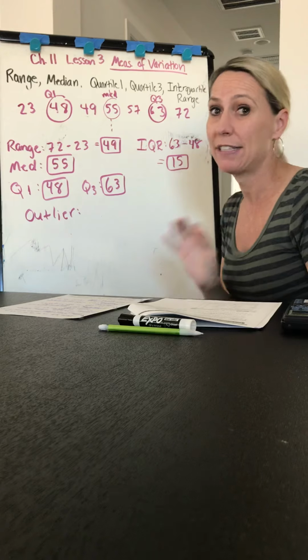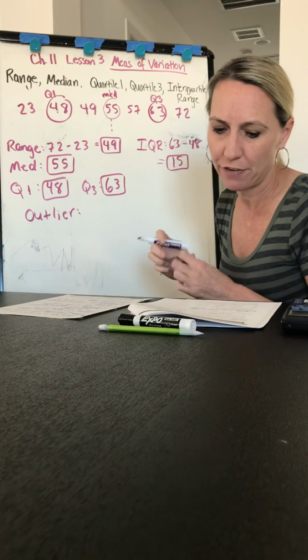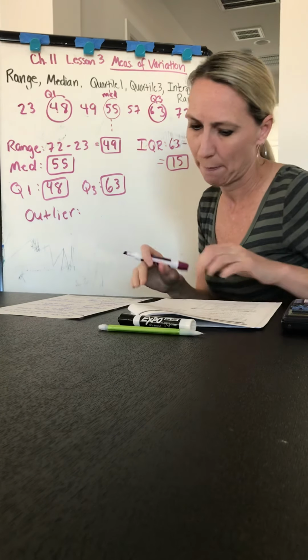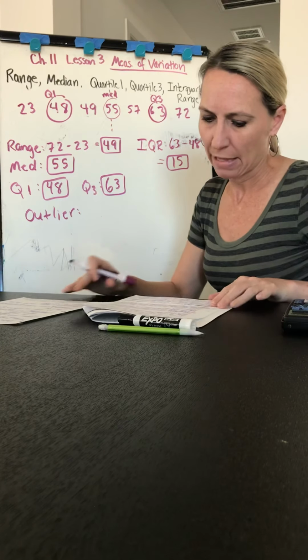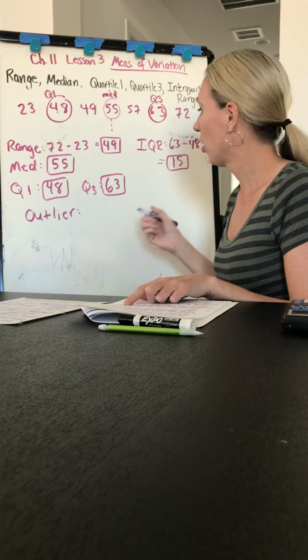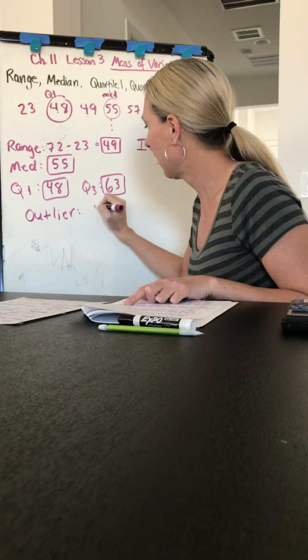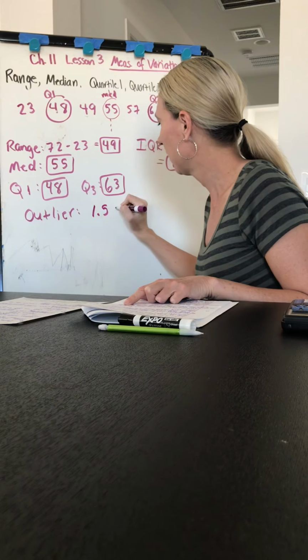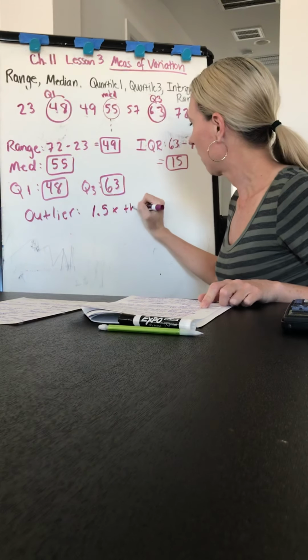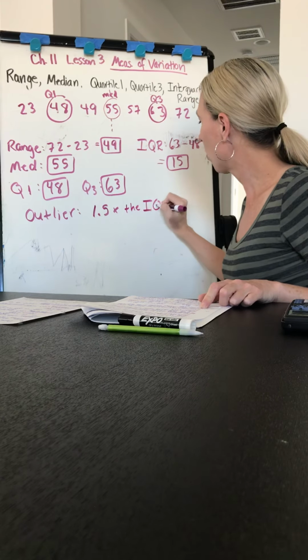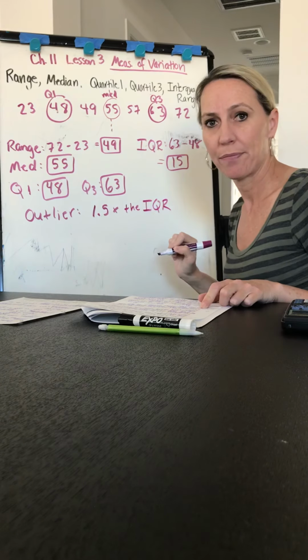So specifically, this is what you do. To find the outlier, the outlier has to be 1.5, okay, times the interquartile range, or the IQR, okay?